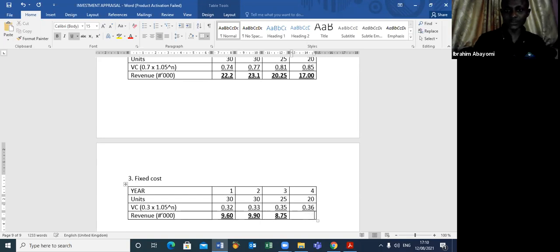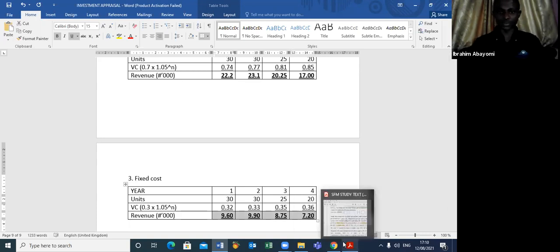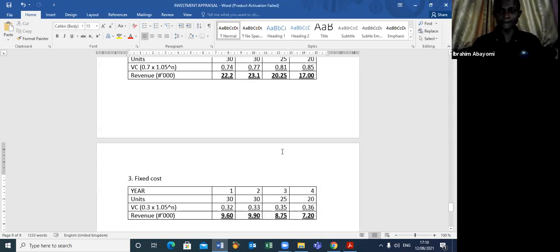And the last one is 20 times 0.36. That gives me 7.20. These are the fixed costs. So let's go and post it there.